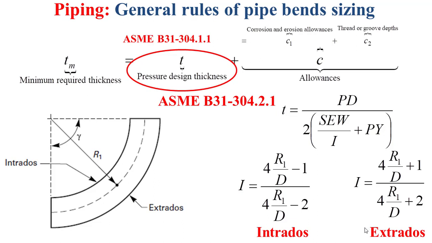You can notice here that for pipe bends, the thickness will differ from intrados to extrados. It's to note here that in the next educational video, I will apply a tutorial indicating how to use these formulas and how to size the pipe bend.